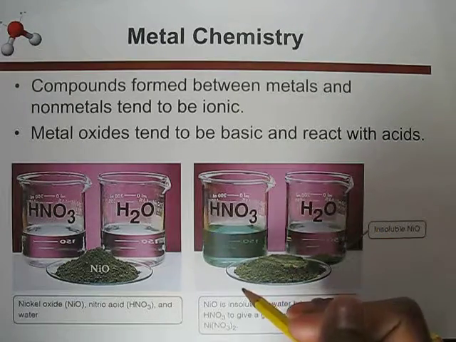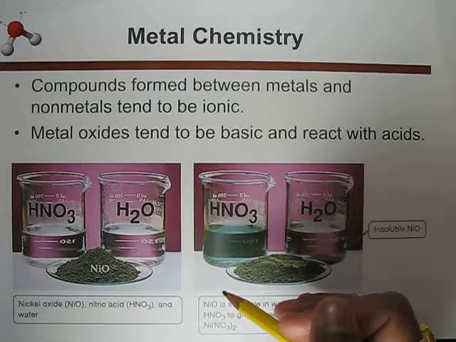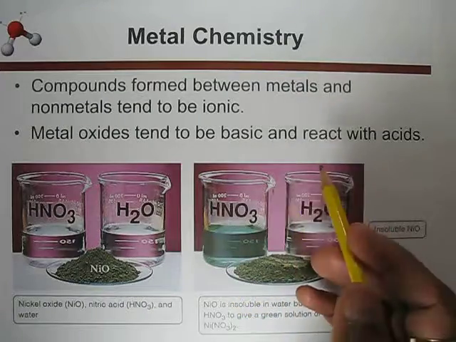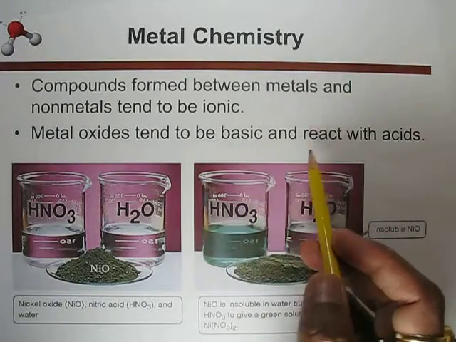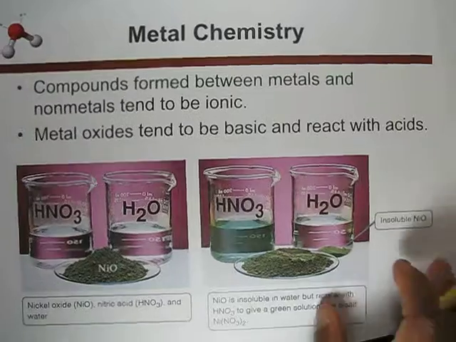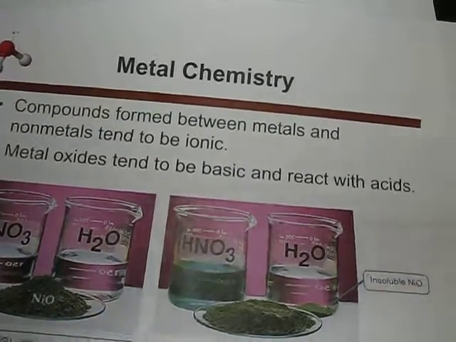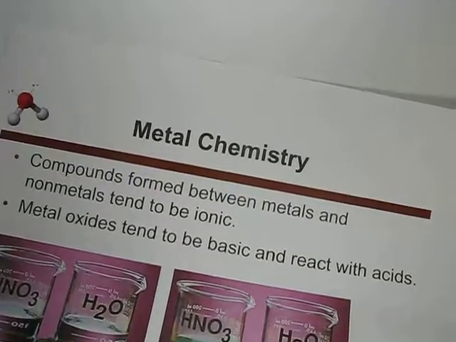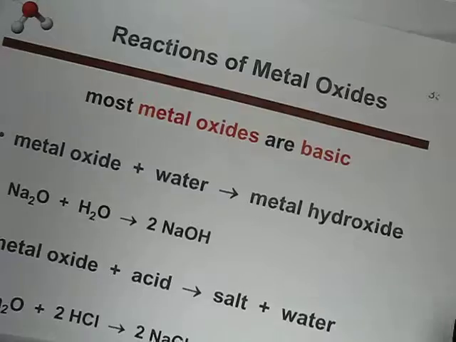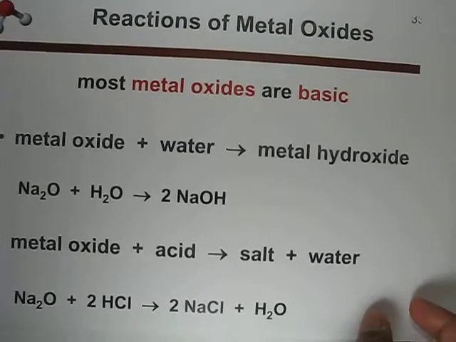All metal oxides are basic in nature and can easily react with acid. So this is one of the metal chemistry properties regarding the metal oxide. Next is the reaction of metal oxide.